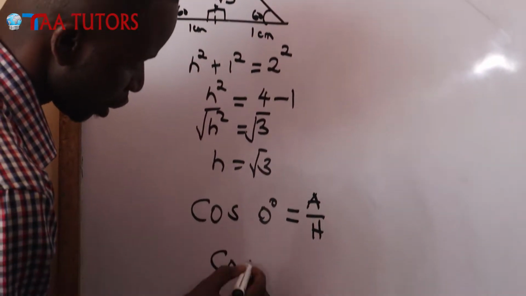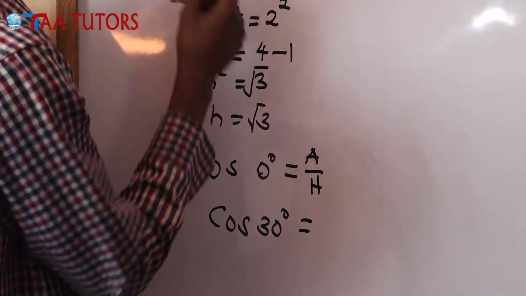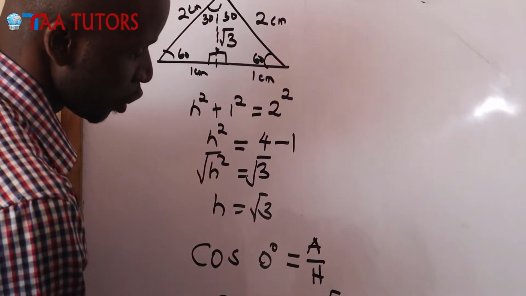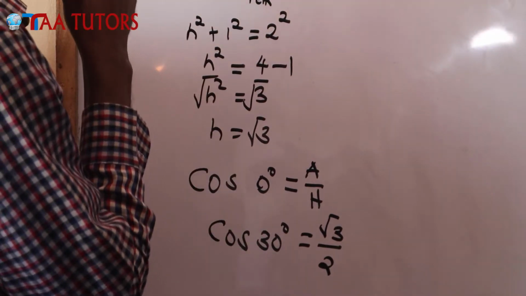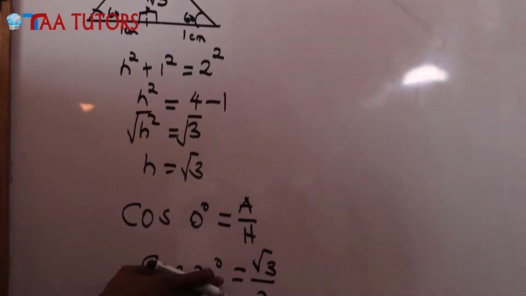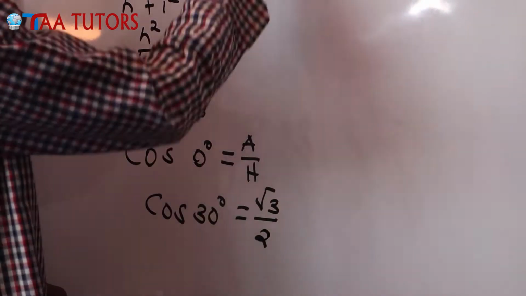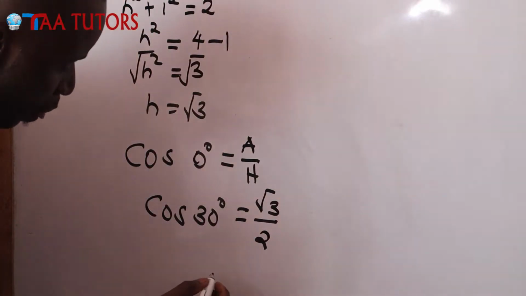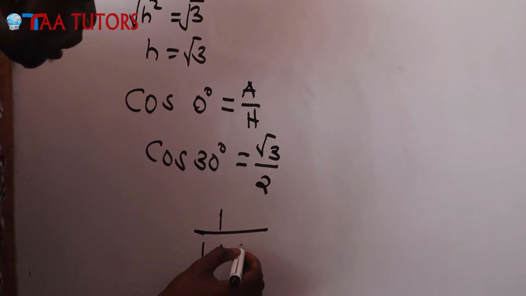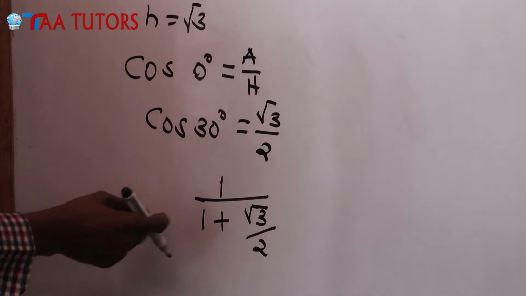So cos 30 degrees will be Surd 3 over 2. Once we have this, we substitute Surd 3 over 2 for cos 30 here. So we are dealing with 1 over 1 plus Surd 3 over 2.